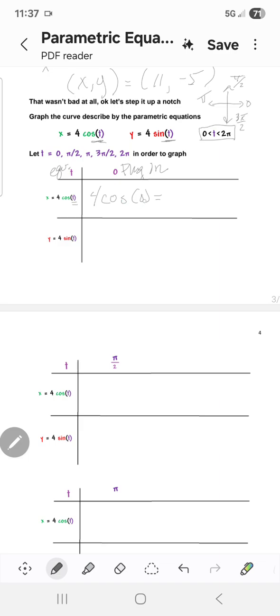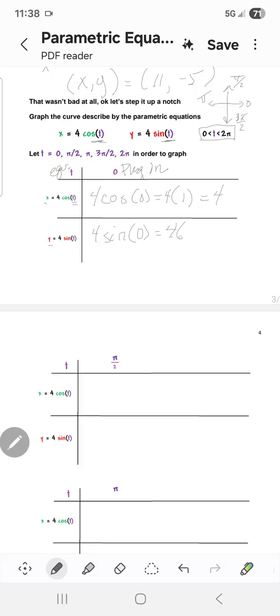Well, cosine at 0 degrees, or cosine at 0 radians, do you remember it's the ordered pair x, y, cosine's the x. If we're on a unit circle, the x is 1, and so you've got 4 times 1, so that's a 4. So that's my x, and let's figure out y. Y is 4 sine of 0.